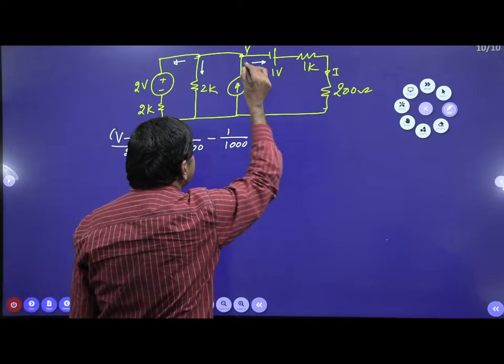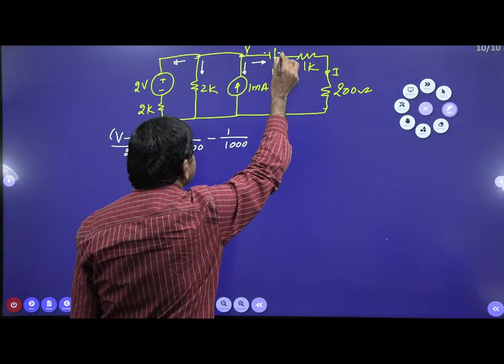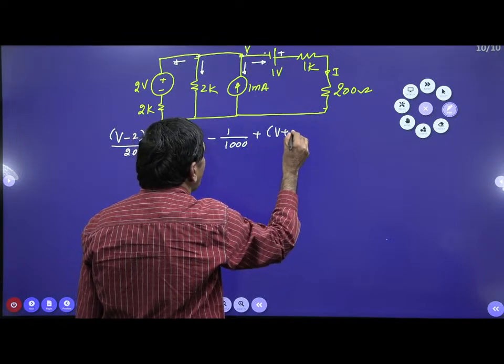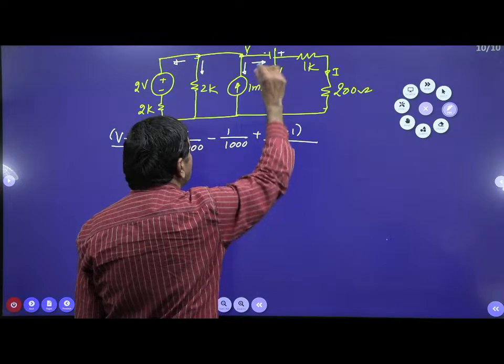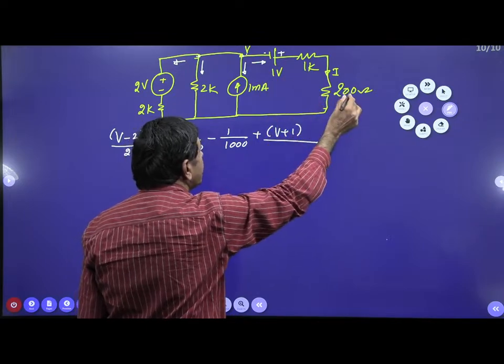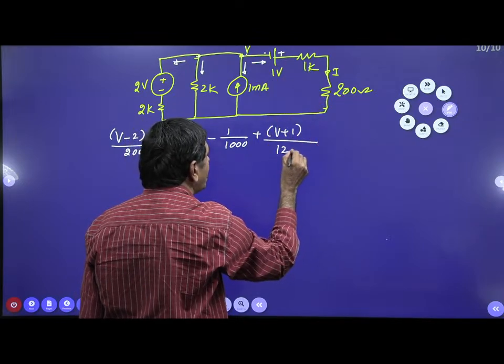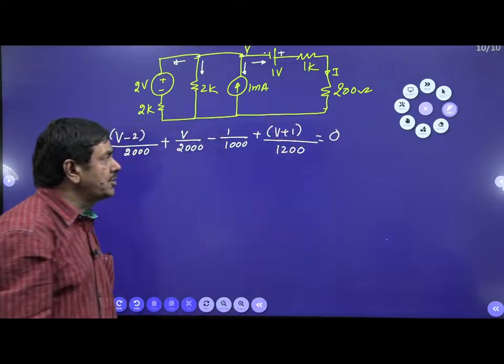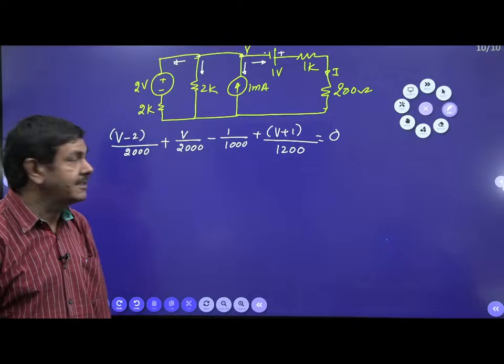This current is V minus of this, minus of minus plus, so (V plus 1) divided by the total resistance, 1000 plus 200, 1200 ohms. Summation of all the currents equal to 0, no doubt.